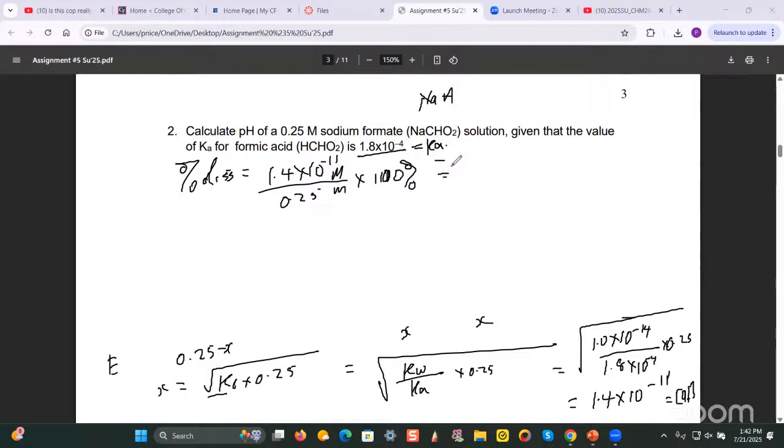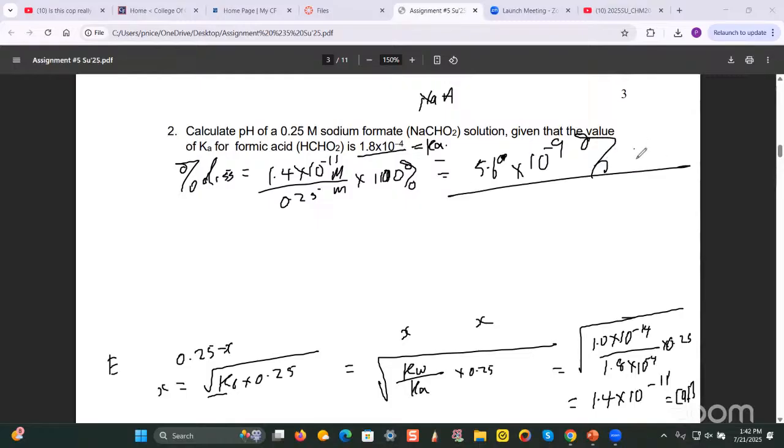We'll do this again. 1.4 times 10 to the minus 11 divided by 0.25, times 100. Okay, so according to my calculation, to 2 sig figs, this is going to be 5.6 times 10 to the minus 9%.